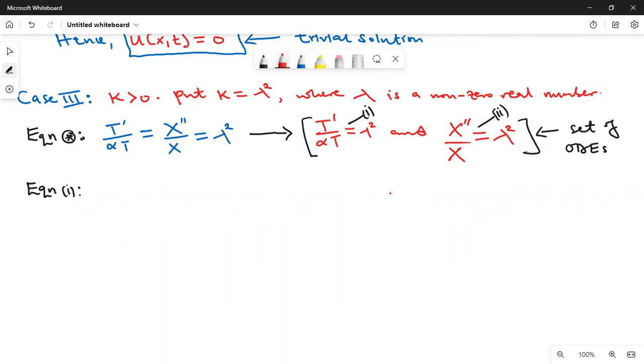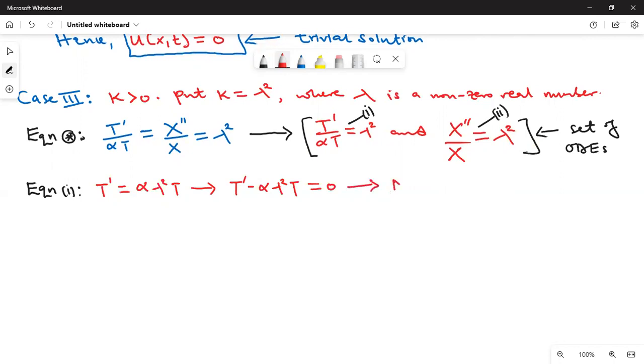So in equation 1, we have t prime. Let me cross multiply. That is t prime is equals to alpha times lambda squared t, which you can also write as t prime minus alpha lambda squared t is equals to 0. And you could also write this in terms of the d operator.